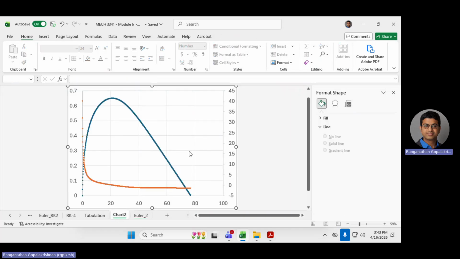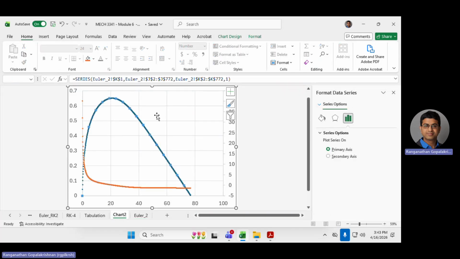So here is the chart where this curve is for the distance or the height. It increases, reaches a peak, and then falls back. The velocity you should read from the secondary axis here, starts at 40 and then decreases. I don't know why I'm plotting only up to 80, I'll check that.